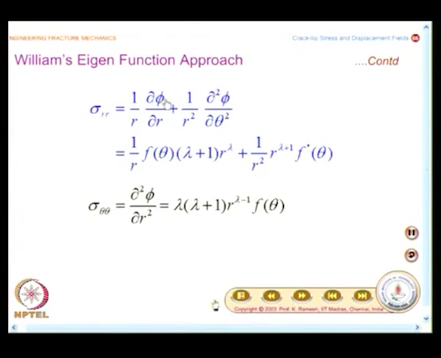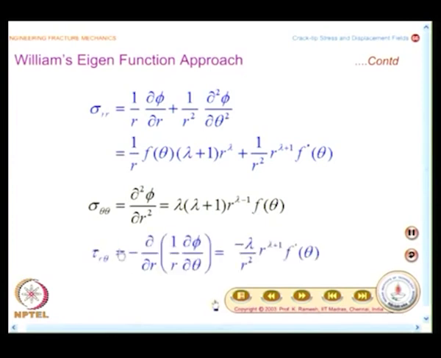Once you substitute it here, you get an expression of this form. You can also get the shear stress tau r theta, which is given as minus dou by dou r of 1 by r dou phi by dou theta, that is equal to minus lambda by r squared r power lambda plus 1 f prime theta.